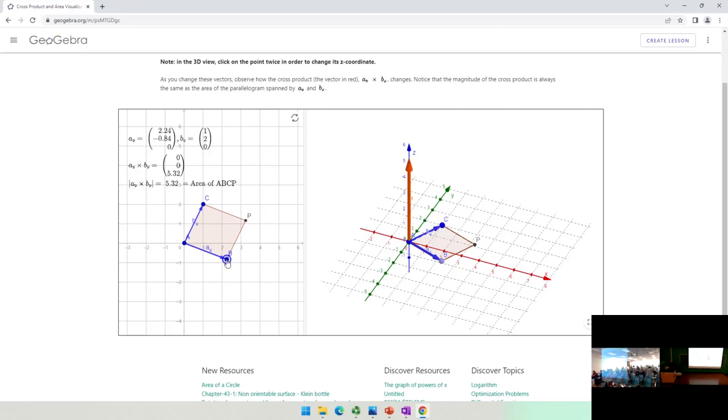If I take this one vector and make it longer, now the cross product gets bigger. If I make it shorter, now the cross product gets smaller. But now I have a way of defining the magnitude such that it's predictable. Regardless of what vector A and vector B are, if I plug them in, I get a new result and its magnitude is predictable.